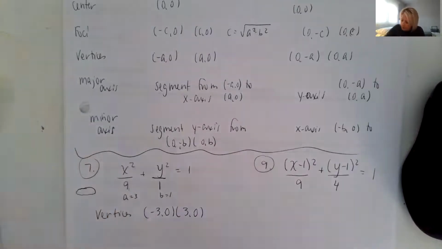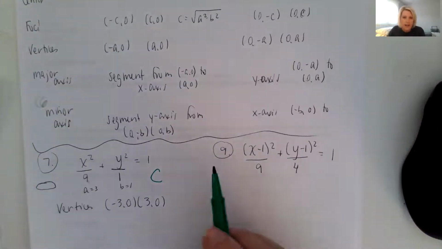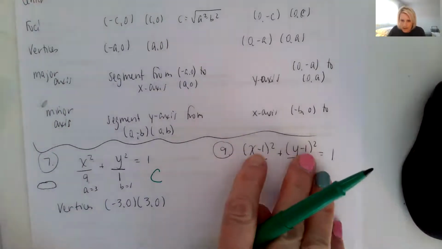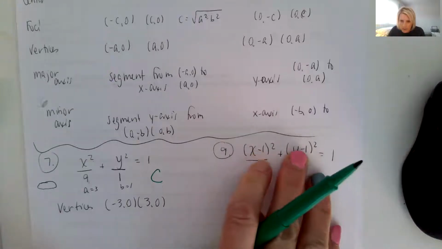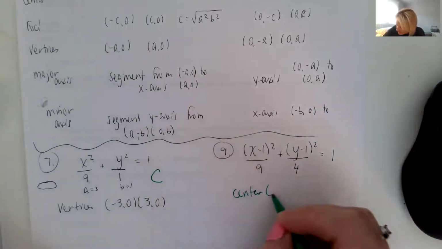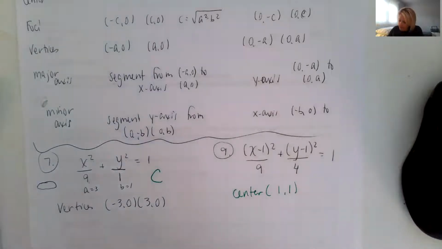Let me do that with my marker here. And then number 9 is offset. It's not at 0, 0. And you can see that here, what's going on inside the X minus 1 squared and the Y minus 1 squared. So this one, the center is at 1, 1.